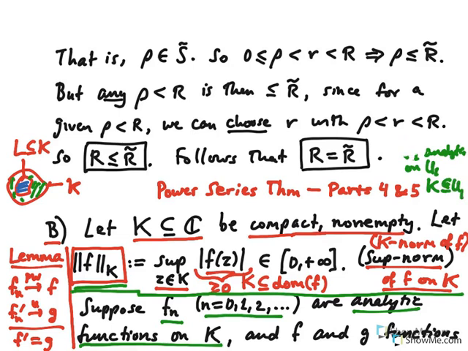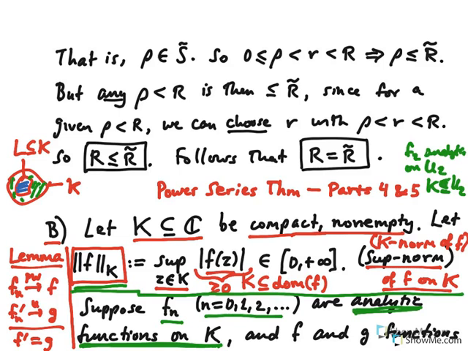And similarly, f2 is going to be analytic on some region u2, and K is going to be inside u2. So notice that these regions don't have to all be the same. f0 and f1 and f2 could all be analytic on slightly different regions, as long as all of those regions contain this compact set K. All right, so that's one assumption about our sequence of functions. All of them are analytic on K.